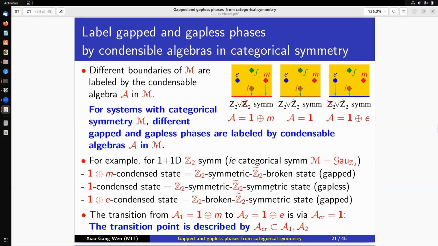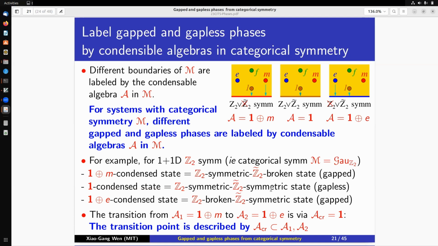So when you have this kind of transition between two condensable algebras, described by the subalgebra, does that mean the transition is second order, continuous? Okay, yes, thank you for the question. I'm kind of too quick here. Certainly, a transition can always be first order, and when it is first order, there's no gapless state at the transition.